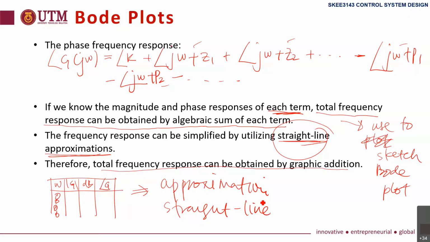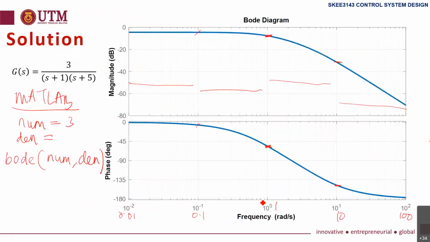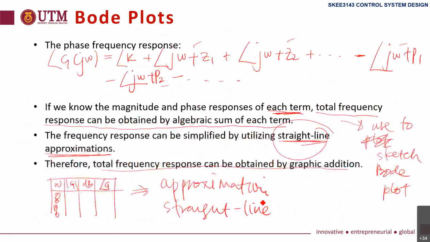Because the one that I showed here is a simple one, 3 over (s plus 1)(s plus 5). What happens if we have many terms? Then the calculation will be more complicated. That's why we need an approximation. It's like sketching. In root locus, we call it sketching. Here, we call it approximation, straight line approximation.